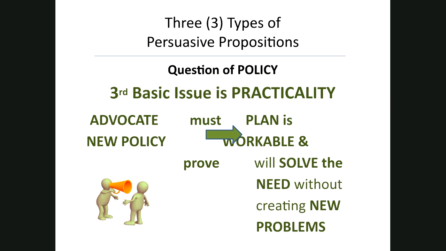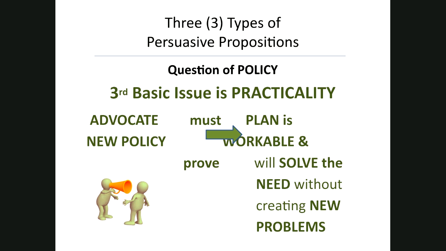Now, number three of these basic issues for persuasive speeches on question of policy is practicality. If you are advocating a new policy, you must prove that the plan is workable and will solve the need without creating new problems.